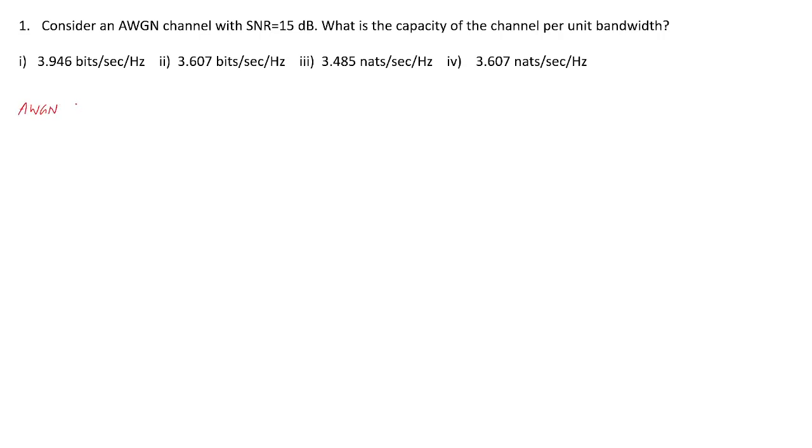AWGN noise basically arises at the receiver end or at the transmitter end from hardware generated noise, and it is a summation of so many different kinds of noises. But that's not really in the scope of this session, so just a brief mention.